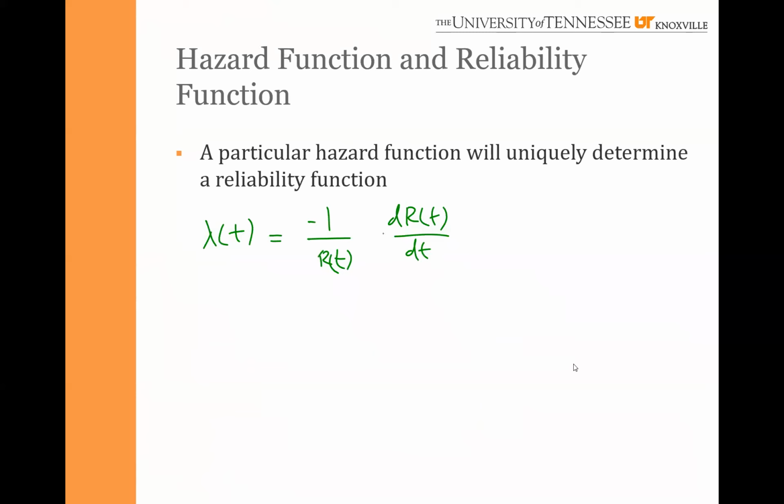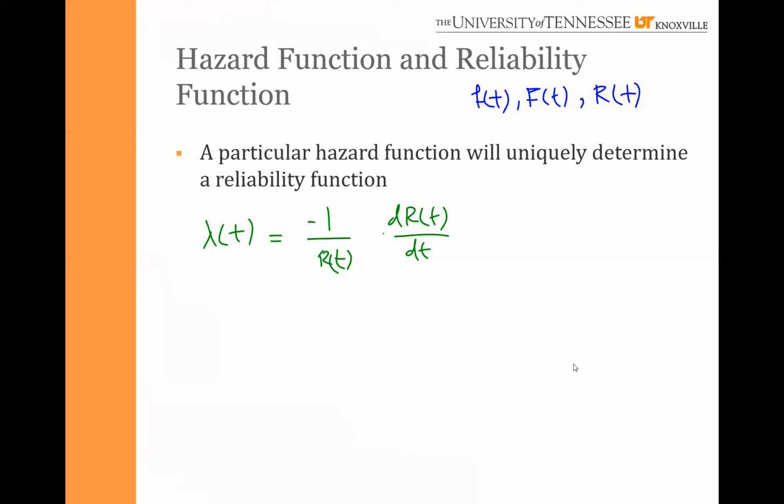Now I have a question. Can I calculate the reliability function from the hazard function? If I give you the reliability function, you can use this to give me back the hazard function, right? If I give you the hazard function, can you uniquely give me back a reliability function? So that's the question we want to answer now. Before, we've seen that we can go from lowercase f to capital F to R and all the way back.